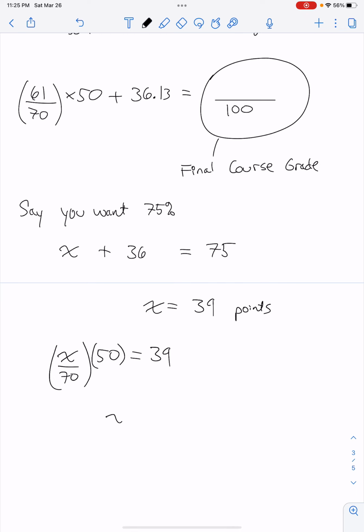Well, then what's x? Well, x is equal to 70 over 50 times 39. Let's find out. 7 divided by 5 times 39. 54.6.